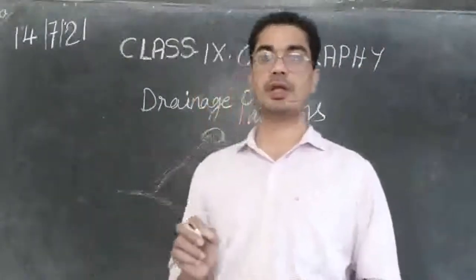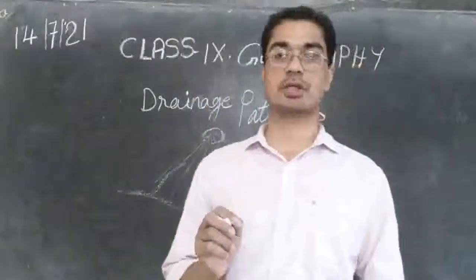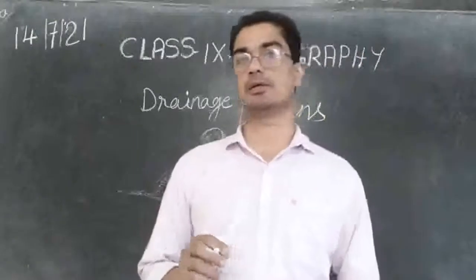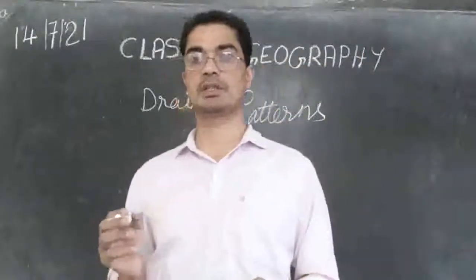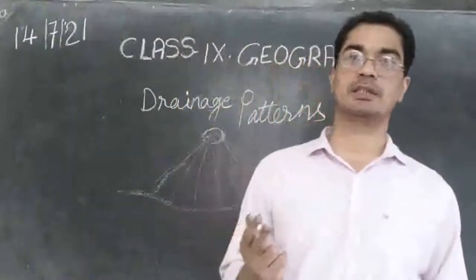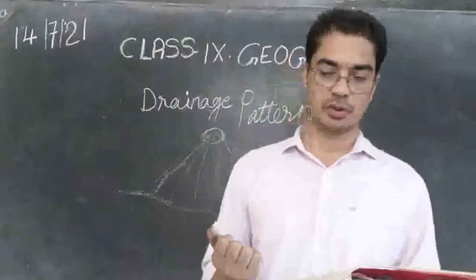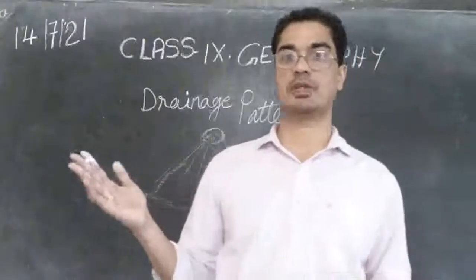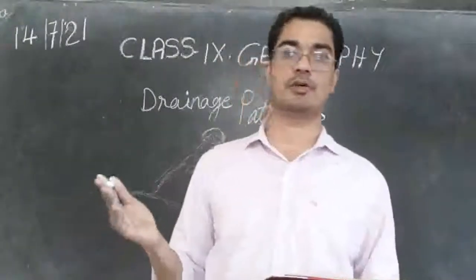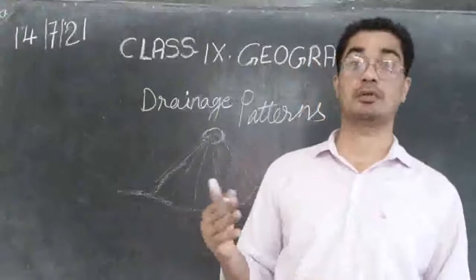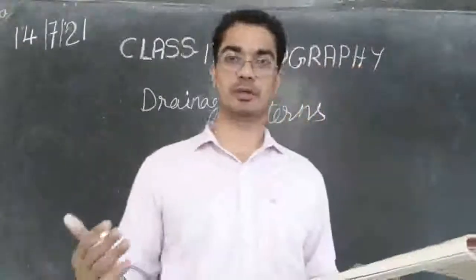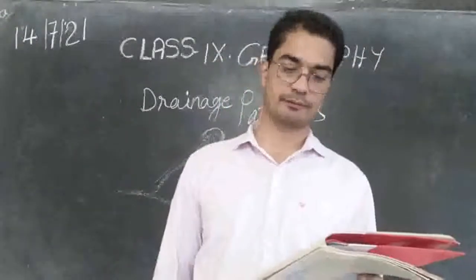So we have 3 major rivers starting from Himalaya. One is Indus, second is the Ganga, and the third is the Brahmaputra. Brahmaputra is mostly flowing through Assam, and we are all aware of how strong and how big the river is.